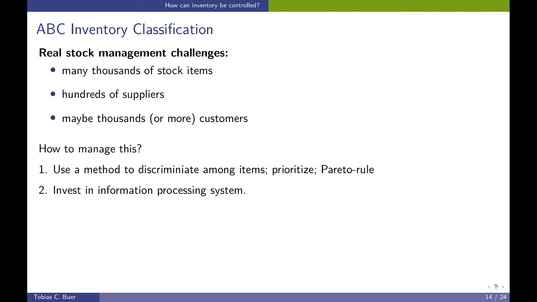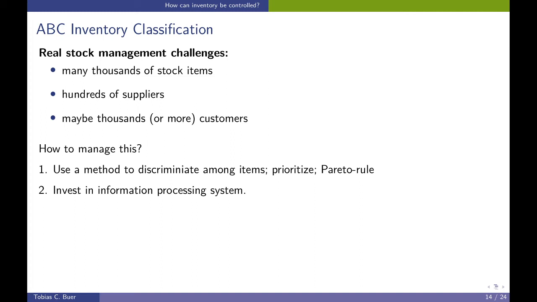So what are real-world stock management challenges? Typically, many companies have thousands of SKUs in stock. If you think of big integrated oil and gas companies, or e-commerce retailers like Amazon or Alibaba, they have very, very high inventories.